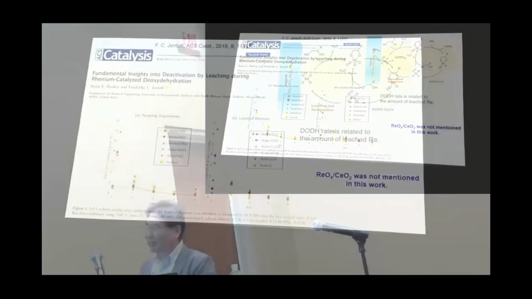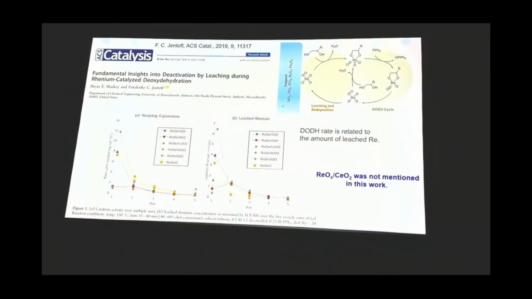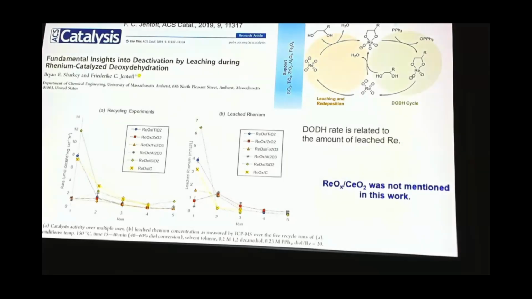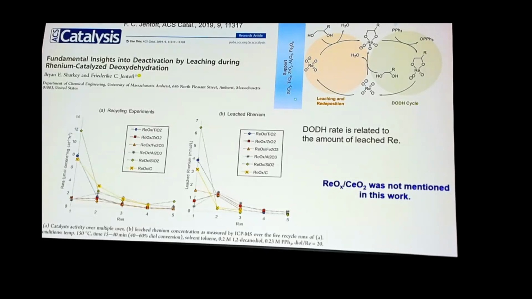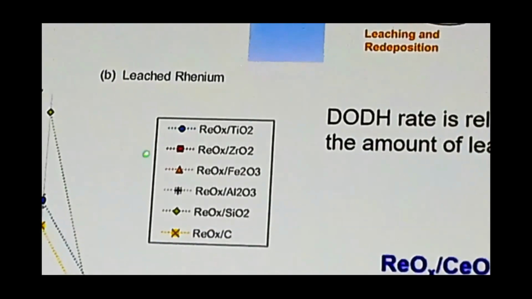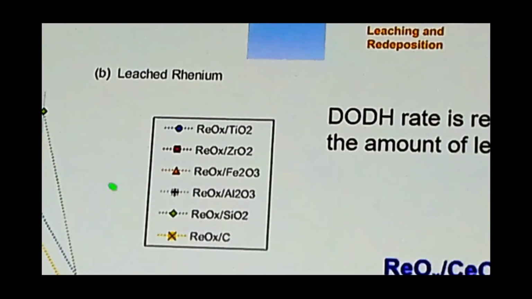Another important report is on the active species of the DODH catalyst, which is also reported by Gentoft. She proposes that the leaching rhenium species are active, in the case of rhenium titania, rhenium silica, rhenium carbon, and so on.